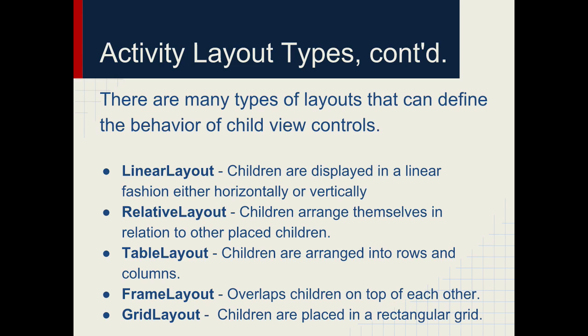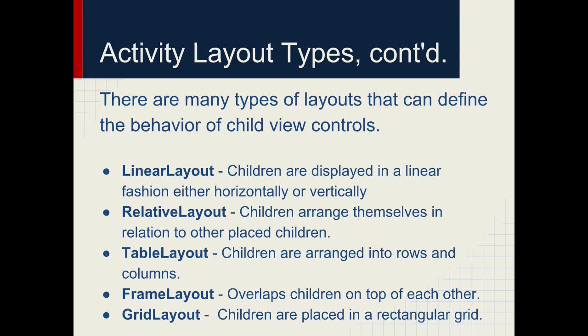Cool, so as we mentioned, there's a lot of different layouts that we can use. Some are not mentioned, such as the constraint layout, which is a little bit newer. But on top of linear layout and relative layout, there's also table layout, which is meant for arranging children into rows and columns, frame layout, and grid layout as well.